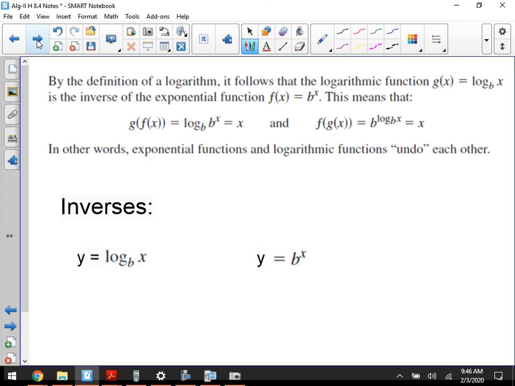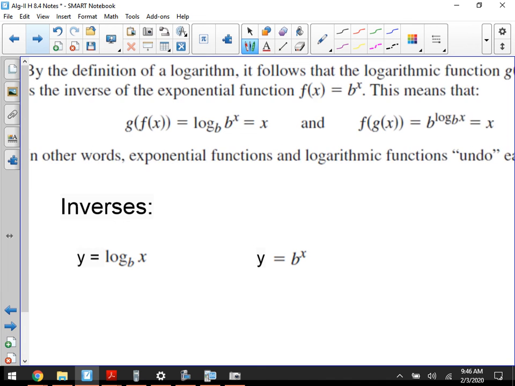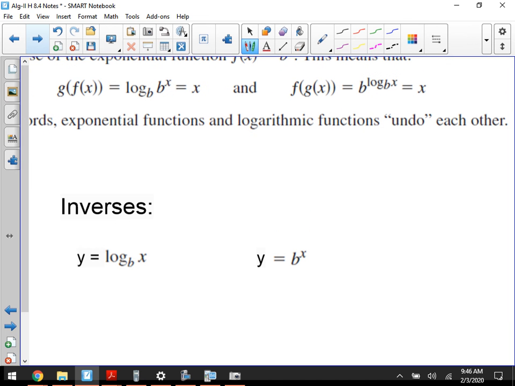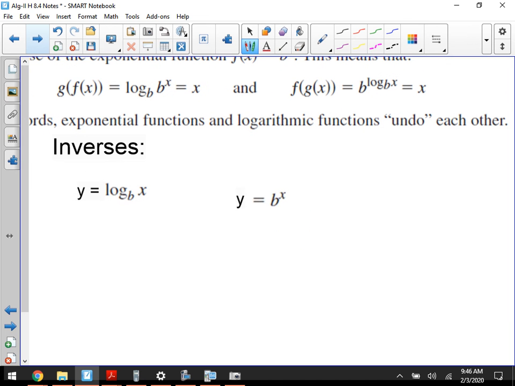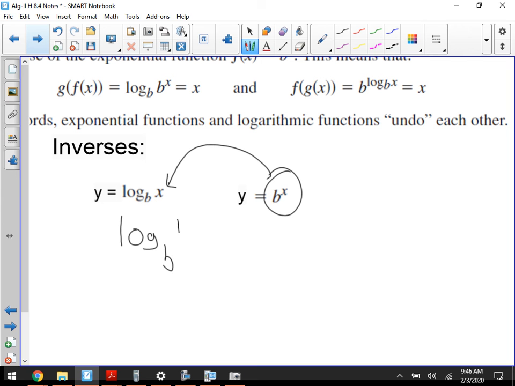Inverses. Now, this is where it can get a little messy. Again, it's not going to be terribly difficult to work with, but there's a few things that happen. When you're dealing with inverses, remember, by definition, you substitute in one for the other to make it work. So if we have our two functions, if I take this in for x to start with, I would get log base b of b to the x.